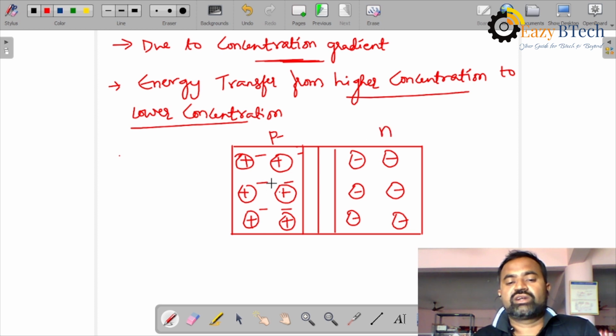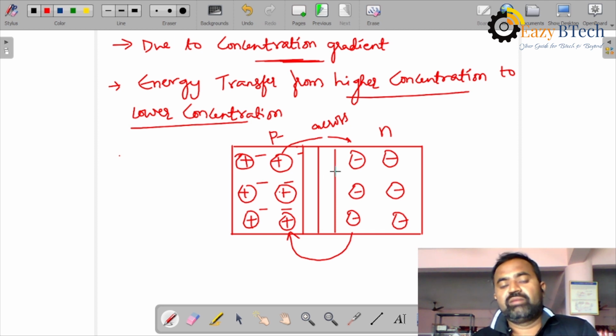Due to this concentration gradient across the junction, some of the holes move to this side and some of the electrons move to this side, and the energy becomes equilibrium. There is no further movement of charge carriers from one side to the other, and recombination takes place.